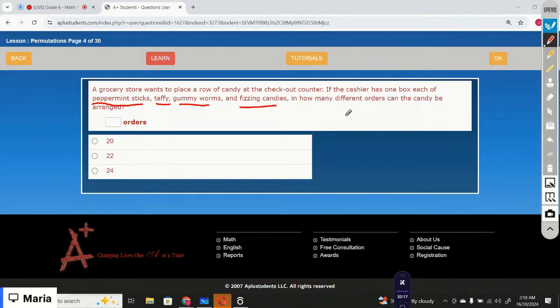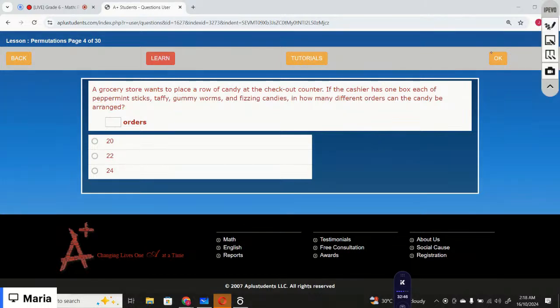So that means she has four options. So you have to evaluate 4 factorial. So 4 factorial equals 24. Option number 3 is the correct option.